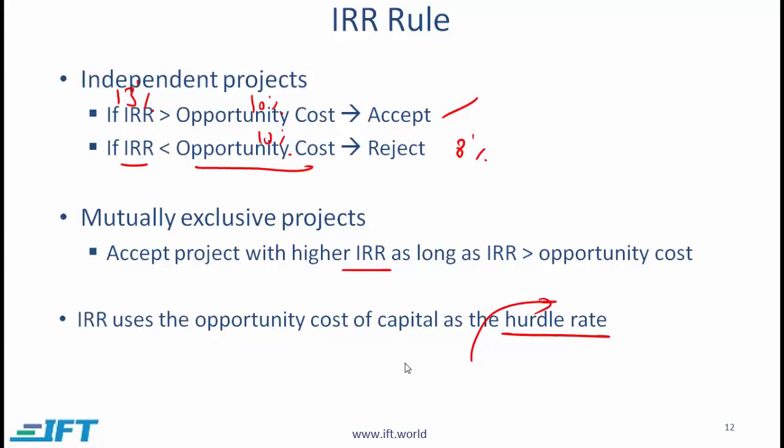And if you think of a project, for a project to be accepted, it needs to overcome the opportunity cost of capital, or in other words, if at a given company the cost of capital or the opportunity cost is 10%, then for a project to be accepted, that 10% hurdle has to be overcome. So this rate is sometimes called a hurdle rate.